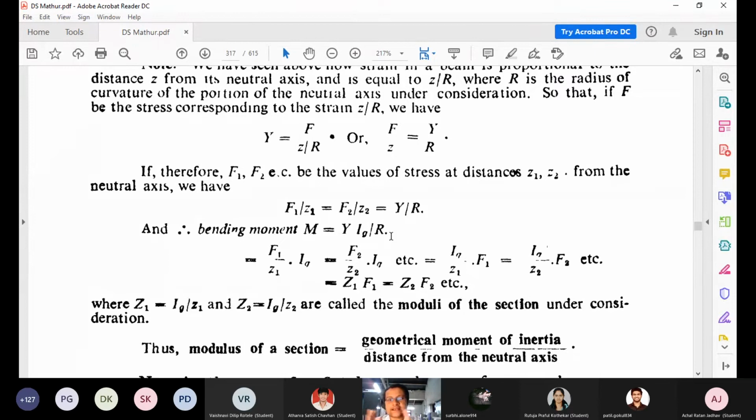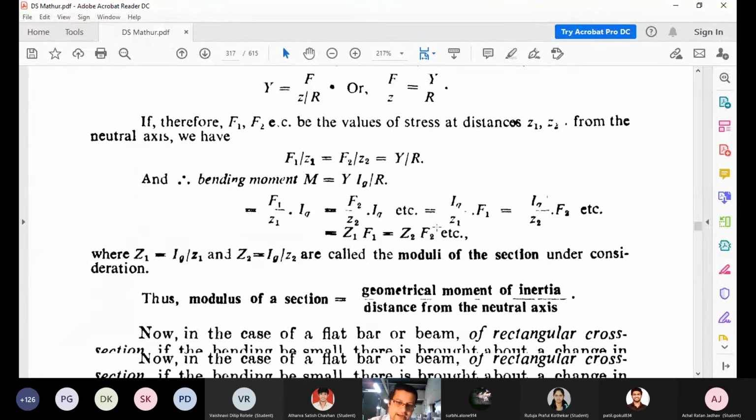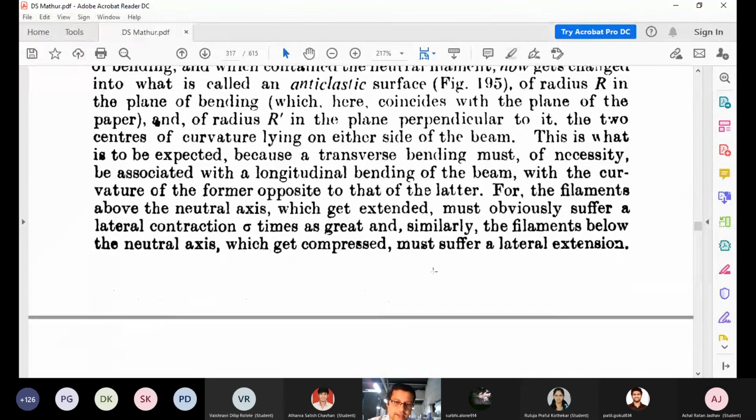So the smaller the radius of curvature you have, the greater the moment of inertia you have, the greater the bending moment. Remember, when the bending moment is large, the radius of curvature is small. So that's the relation we derived here.